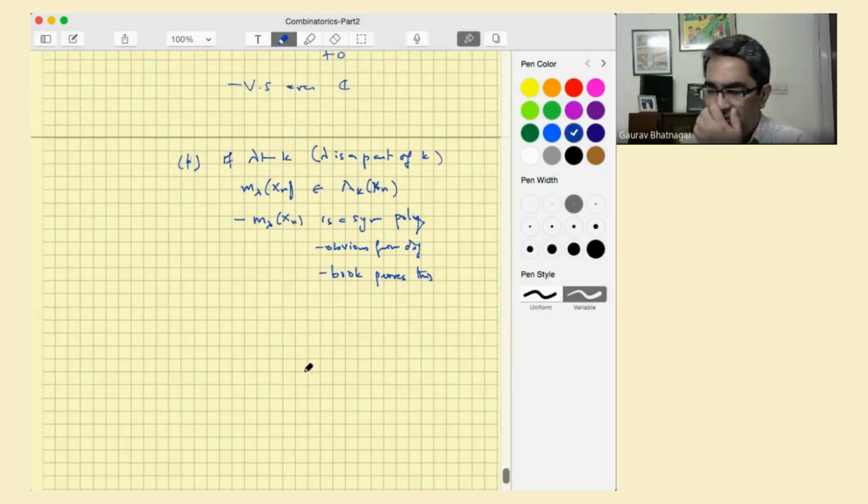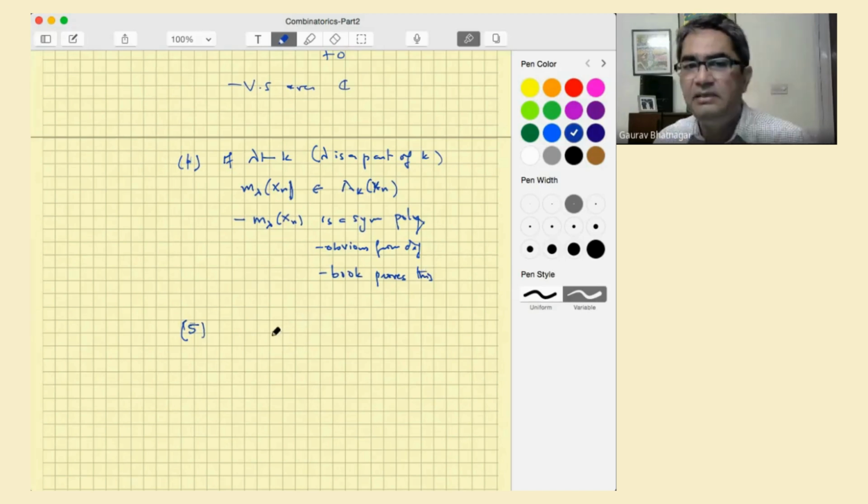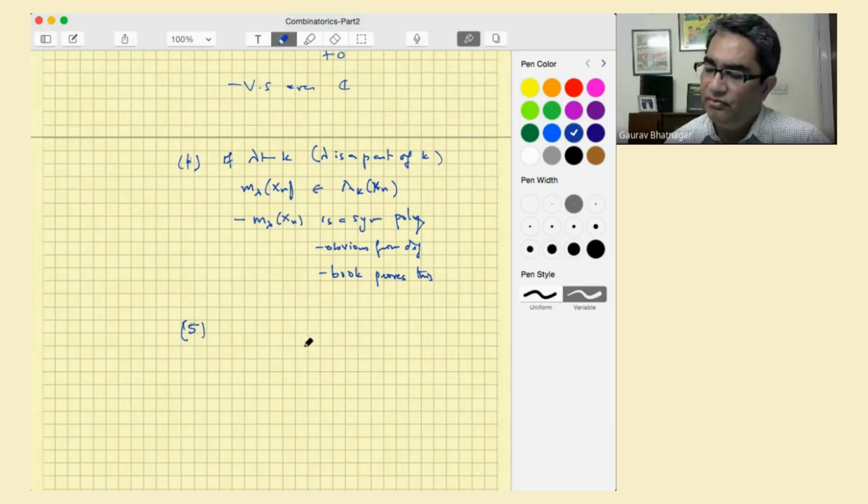I don't know why he proves it. The way it's constructed, it's clear that it is a symmetric polynomial, because you're taking all the distinct terms which you get after moving it via pi.